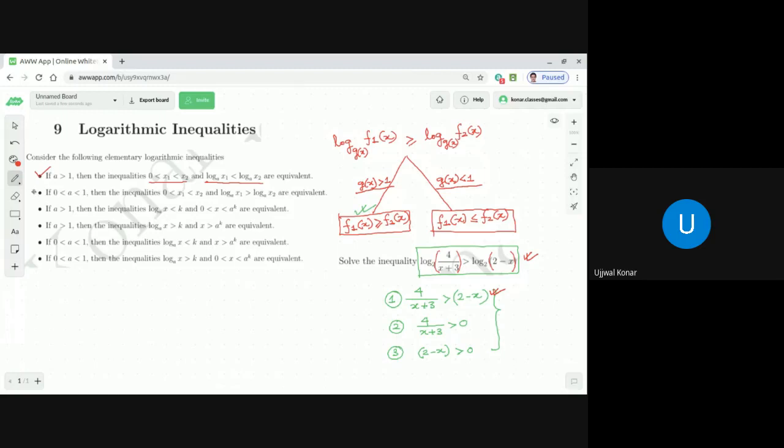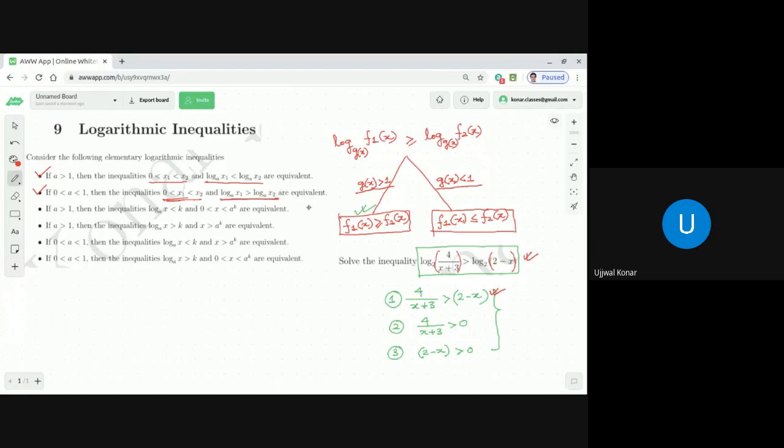Second point, dear students: if the base is between 0 and 1, meaning 0 less than a less than 1, then the inequality 0 less than x1 less than x2 implies that log of x1 base a is greater than log of x2 base a. These two are equivalent.